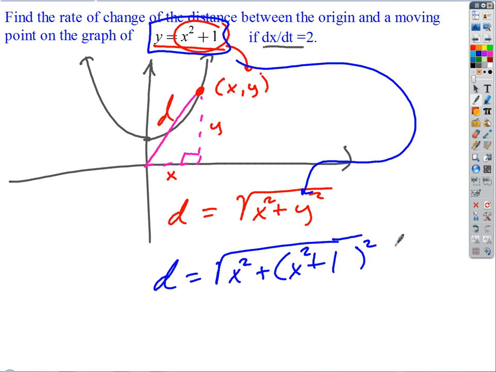I can clean that up: square that out and add up like terms. The advantage is that now the distance we're trying to find the rate of change of, d dot, is written in terms of a single variable x. Does that make sense?